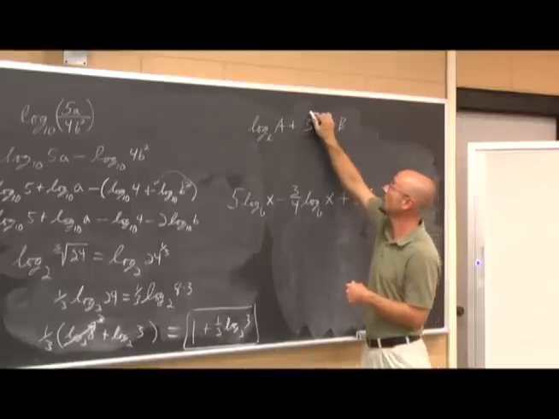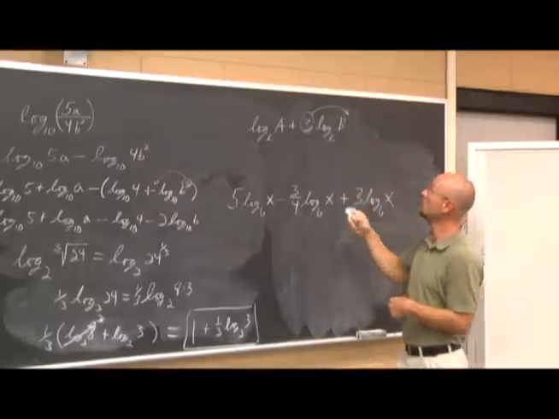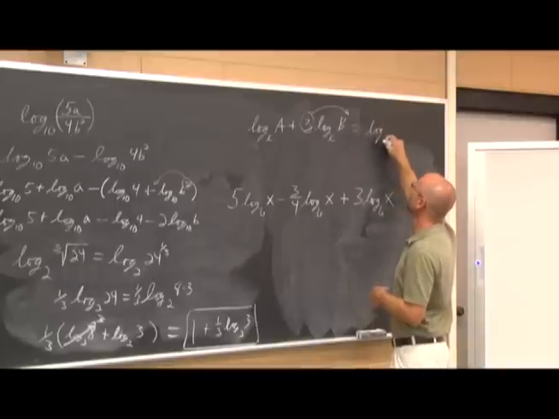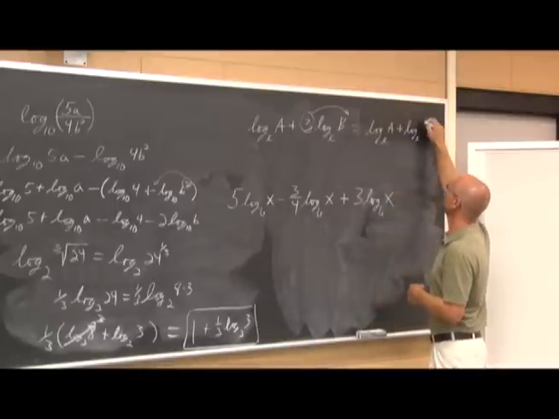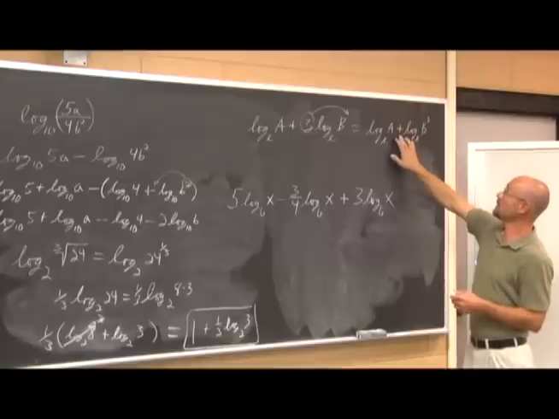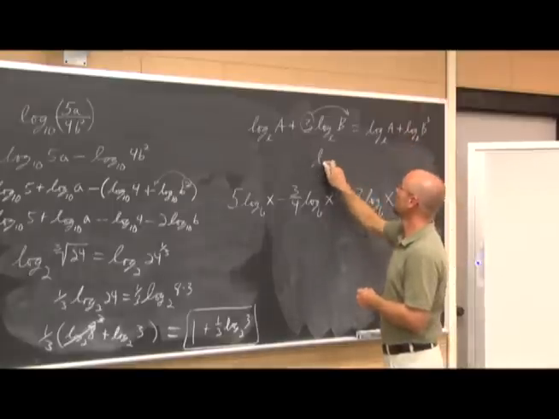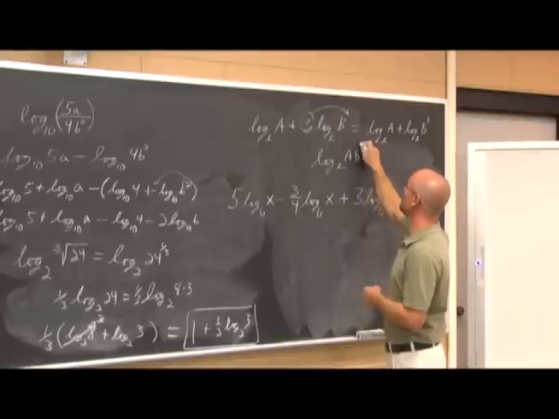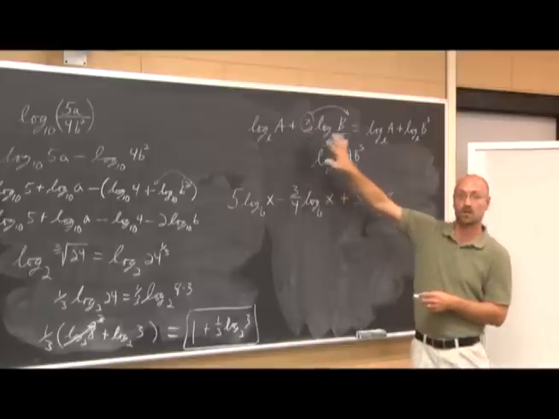This is multiplying, so I can bring it in, the opposite of what we looked at in the rule. So if I bring that in, I'll just rewrite it here. We have log base e of a plus log base e of b to the 3rd power. Because of this addition, and they have the same bases, I can write this as a product. Log base e of a times b cubed. So that's a single logarithm from these two logs.